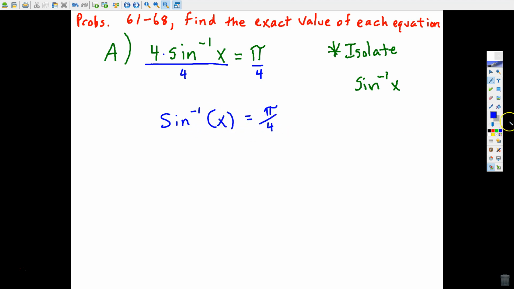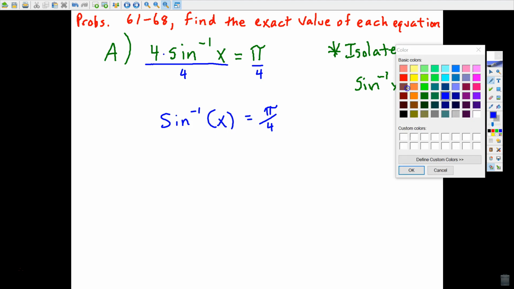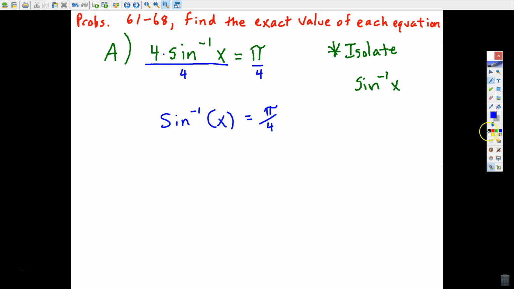And to solve for x, just think about what you did in the past. If, for example, this were 4/5, you would multiply by 5/4, which would be considered the inverse. And so essentially, to undo inverse sine, just think of doing sine on both sides.